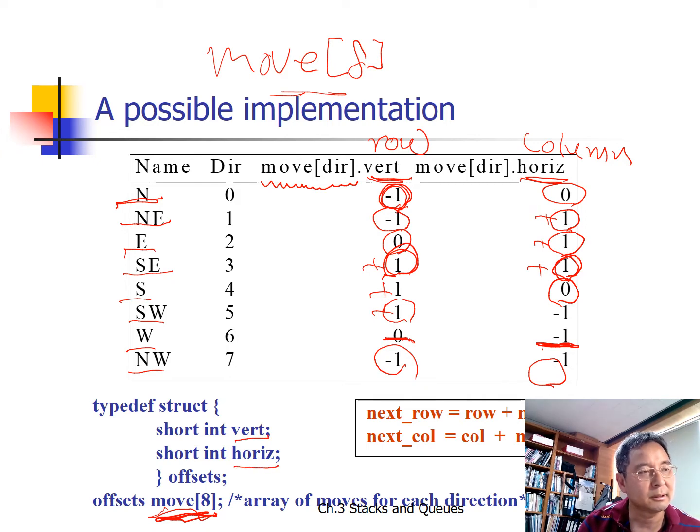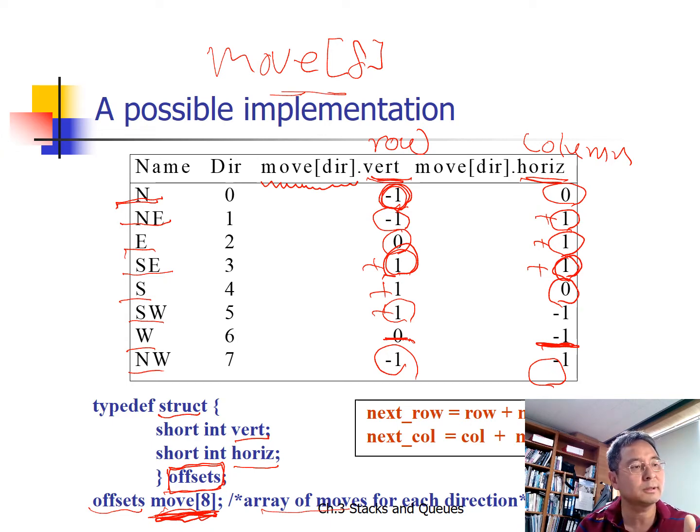That is the offset structure defined here. The name of this structure is offset. This offset has 8 members of an array of moves for each direction.